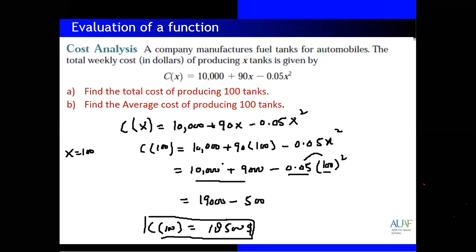Like for example, let's suppose price of one burger is 50. This is price of one burger. So what will be the price of, for example, 100 burgers, 200 burgers, 3 burgers, 5 burgers? So we can write an equation for this one.